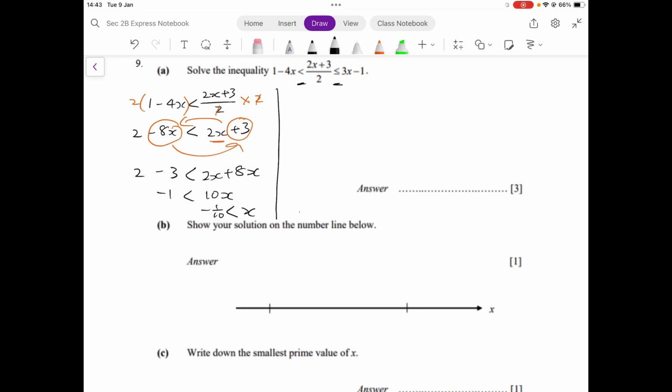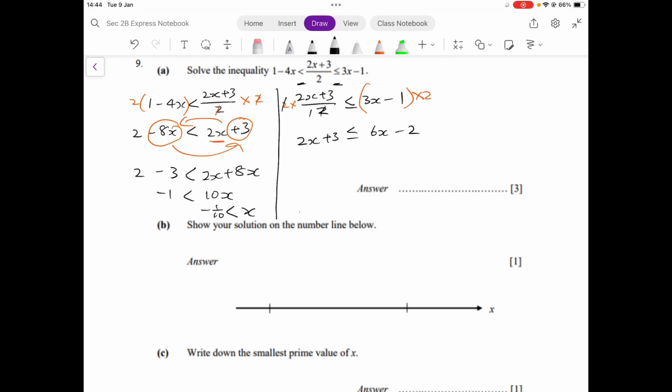Next one, you get 2x plus 3, 2, more than less than 3x minus 1. Again, same approach, times 2. So what you will get is 2x plus 3 less than equals to 6x minus 2.